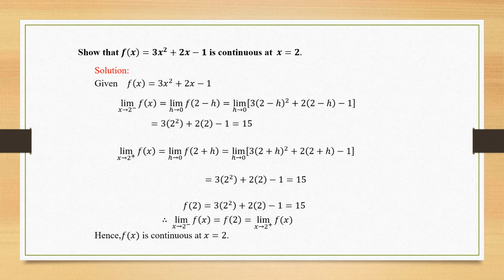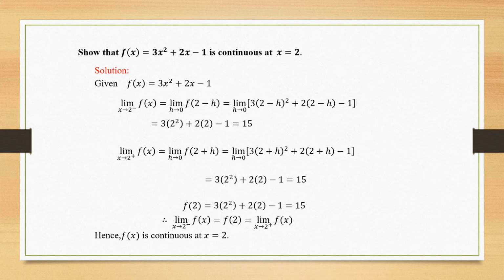So if breakup functions are not given in the problem, you have to handle this problem in this particular way, right? So how do I handle it? Limit x tends to 2 minus f of x is equal to, now we say some h. H tends to 0, 2 minus h, because it is approaching from the left side. So limit h tends to 0.